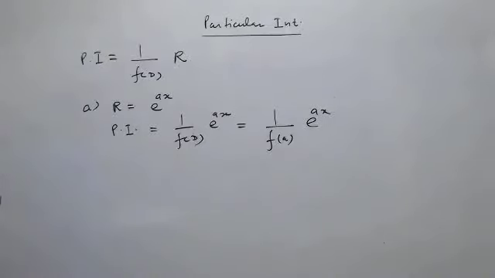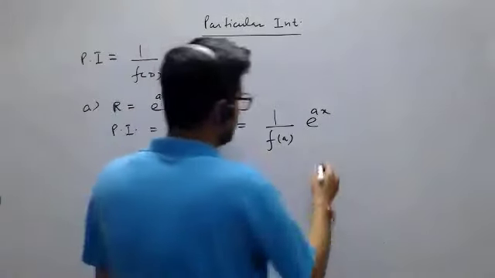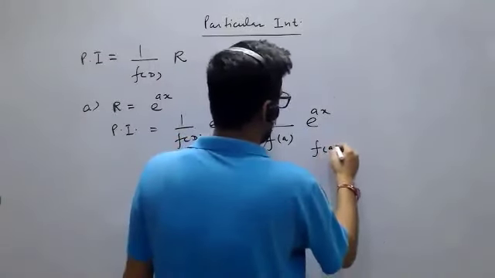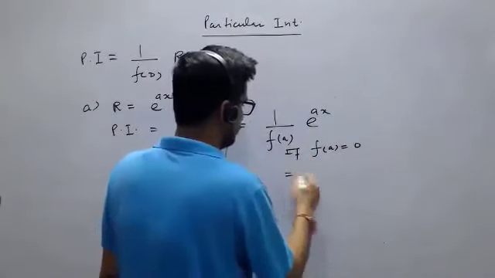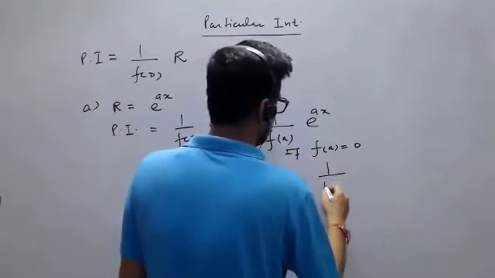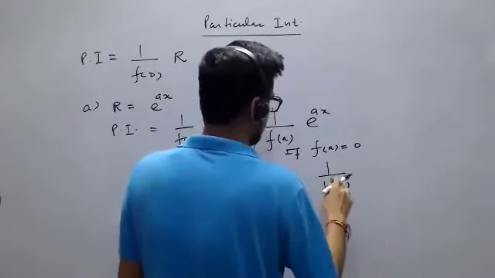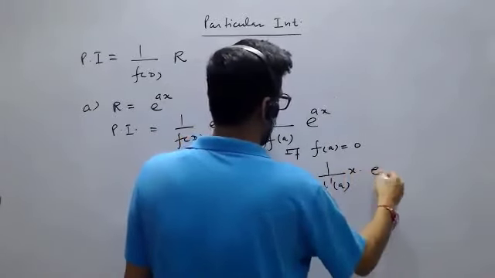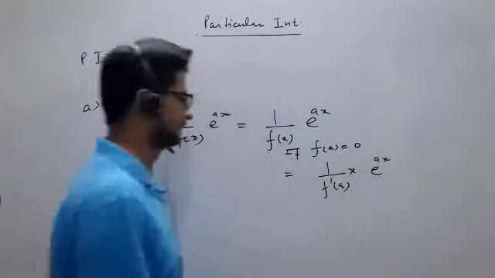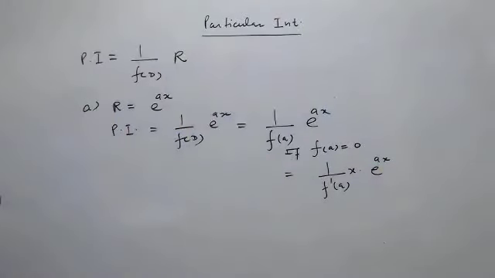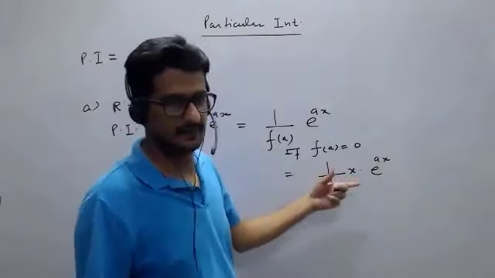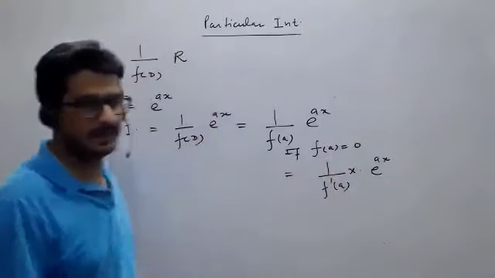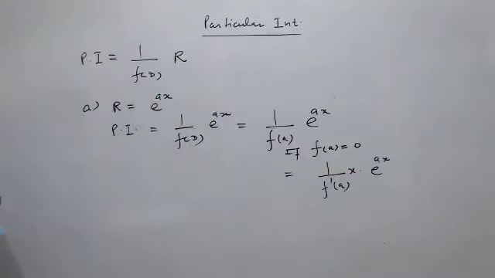But in some cases, f of a will become 0. Then what will you do? Then you will differentiate it. You will make it f dash a, and here you will multiply it by x, and e to the power ax, like that. And if again it becomes 0, then take the double derivative, and the multiplication will be by x square.